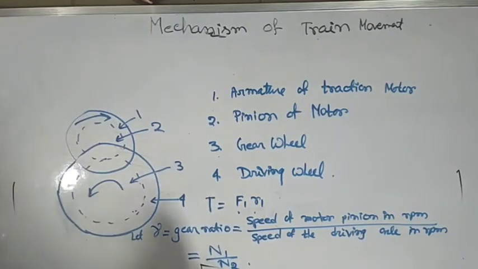N1 is the speed of the motor pinion in RPM and N2 is the speed of the driving axle in RPM.